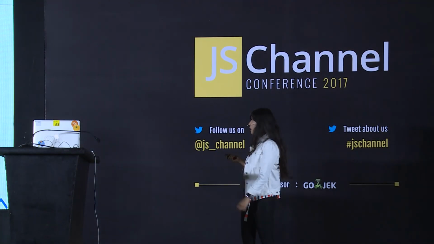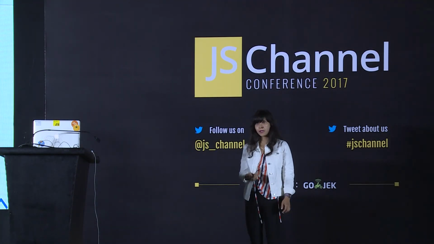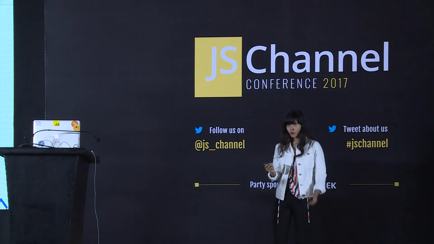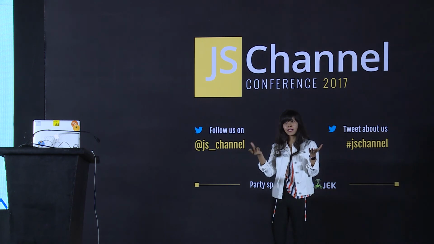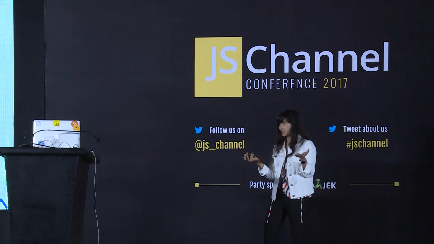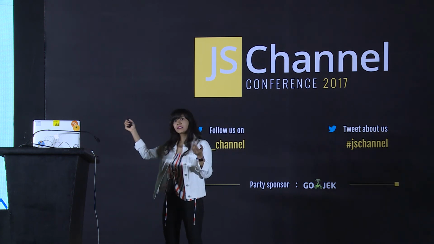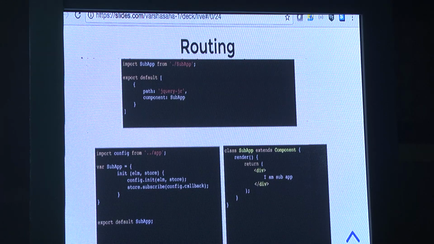Okay, the next part. How do we even do routing in such scenarios, right? That was the second part of our large-scale applications. What the main application is expecting out of a sub-application or a client application is a routing config like this. The child application need not care about what kind of routing is implemented.